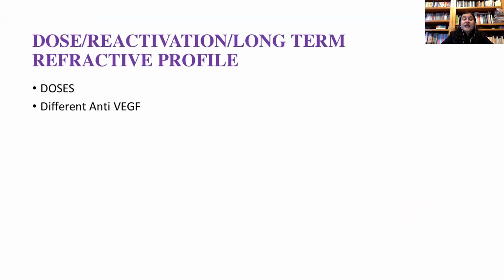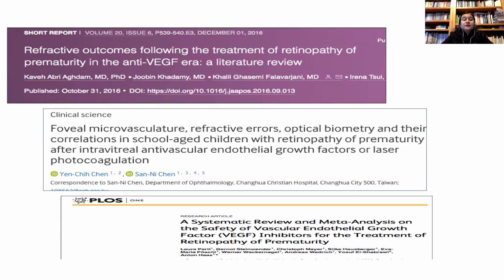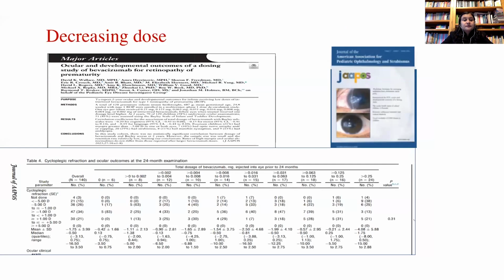So with different anti-VEGF doses, the refractive profile changes. In the literature, there are various papers about spherical equivalent and myopia development with the various anti-VEGF agents, but most studies show that anti-VEGF causes less myopia than laser.